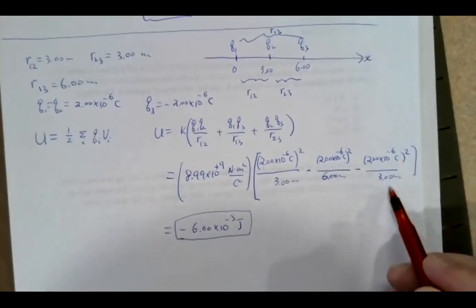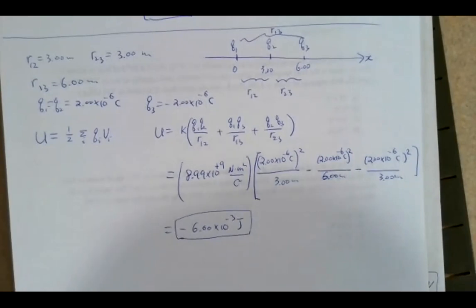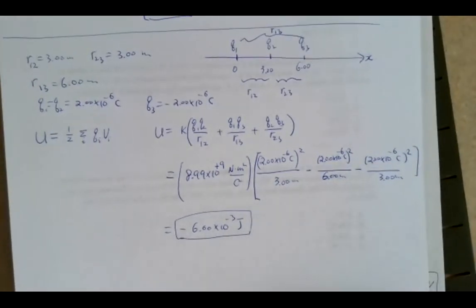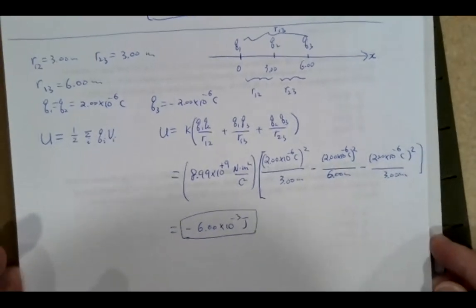The first one will be over 3 and the second one over 6, so pay a little attention to the distances as well. That will give you minus 6 times 10 to the minus 3 joules. That's the energy of the system. So for this kind of system, you don't actually require extra work to put them together.